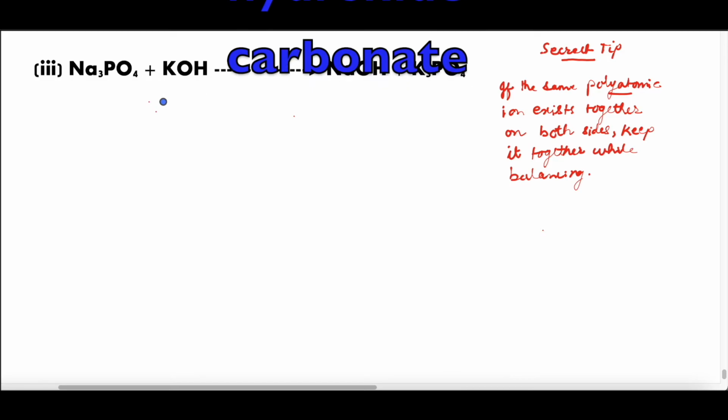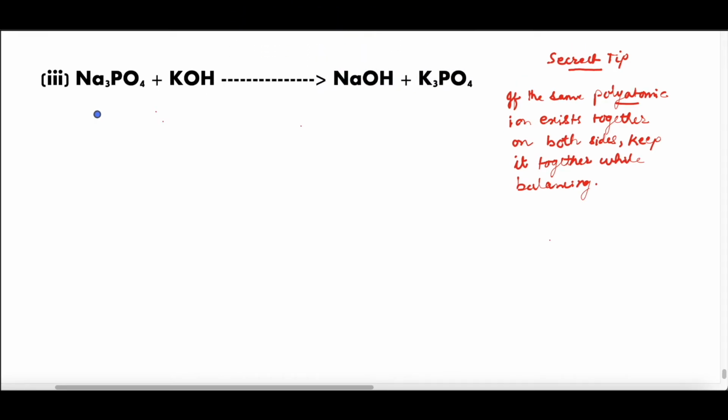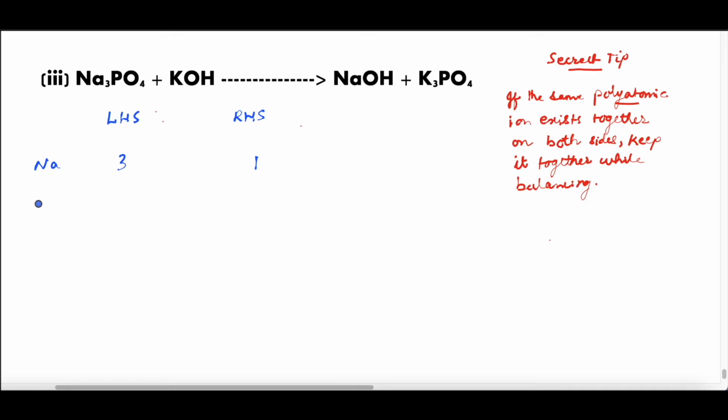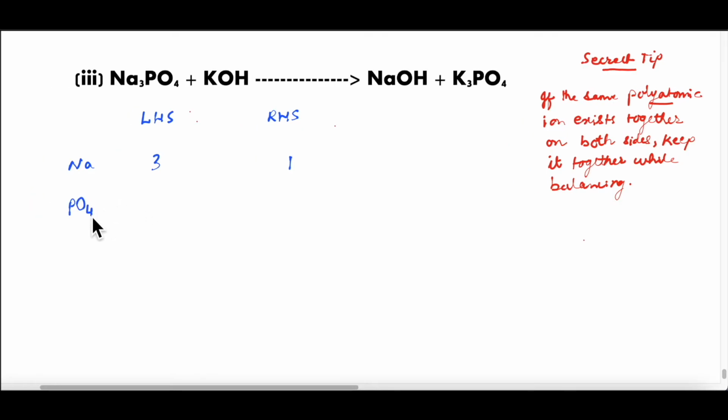So when we observe this chemical reaction, let us list down the number of elements on the left hand side and on the right hand side. So number of sodium atoms on the left hand side we have 3 and on the right hand side we have 1. This PO4 is polyatomic phosphate ion, so we will keep it together.